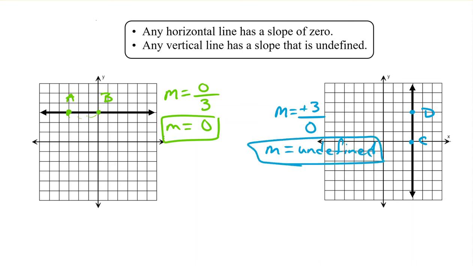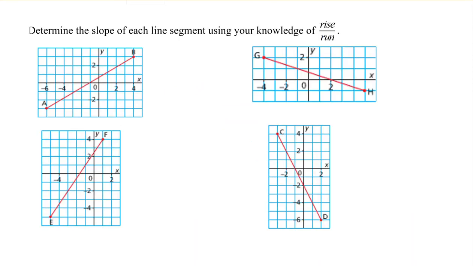So the slope of a totally flat line is 0, and the slope of a totally vertical line is something that we call undefined. So let's just do a few examples to see if we really know what the slope is. So if I'm going to go from A to B, we want to know the slope. Slope is rise over run.